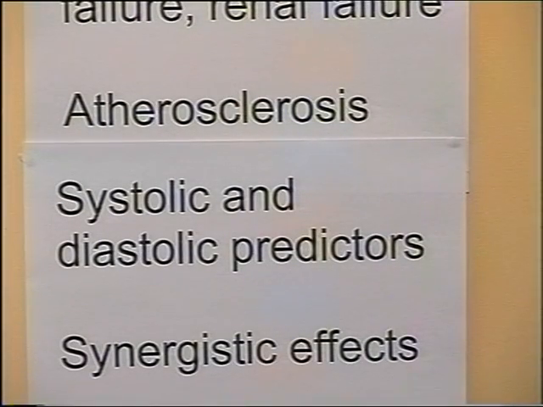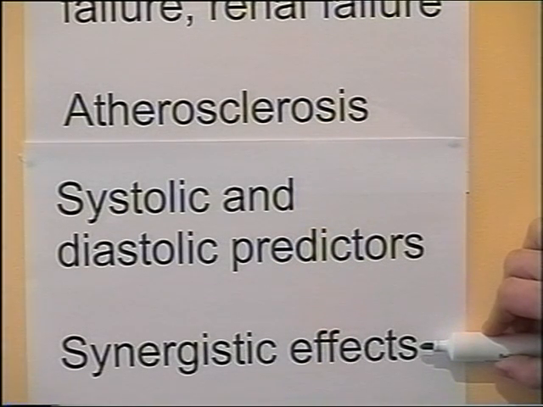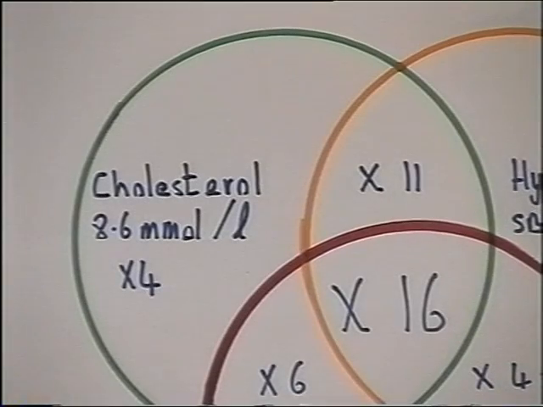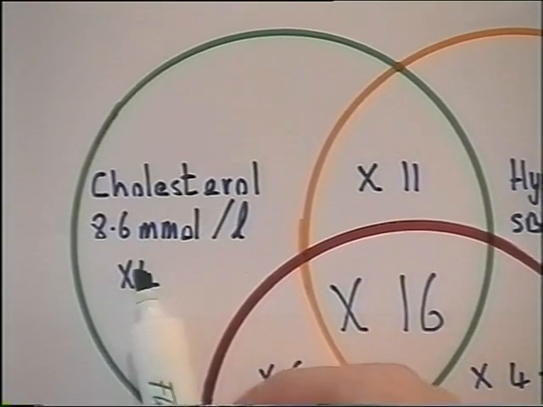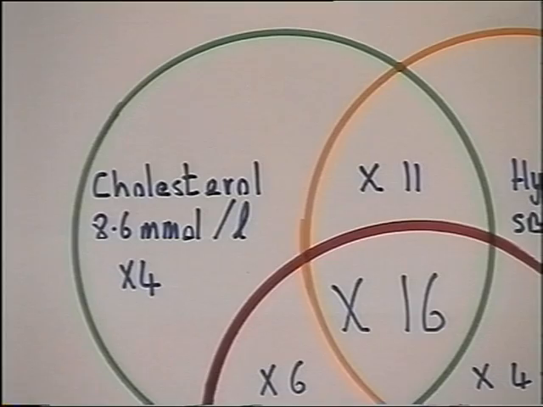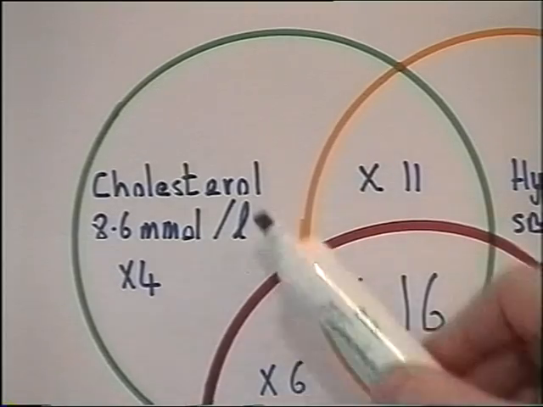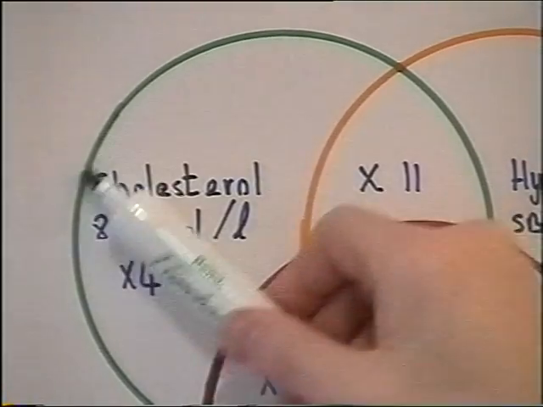Now, still thinking about complications, there are synergistic effects in risk factors. What I mean by synergistic effects is something like this. If the cholesterol is 8.6 millimoles a litre, which is high, then the risk of developing coronary heart disease would be 4 times greater.